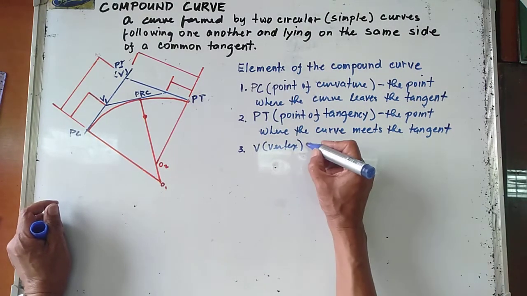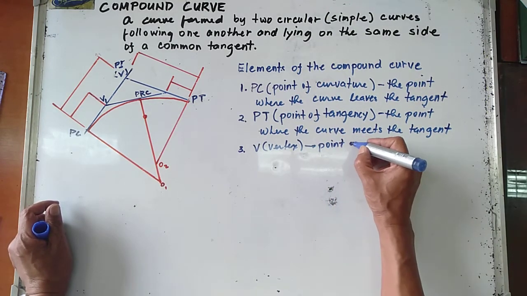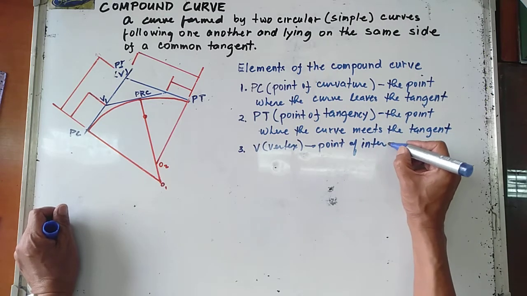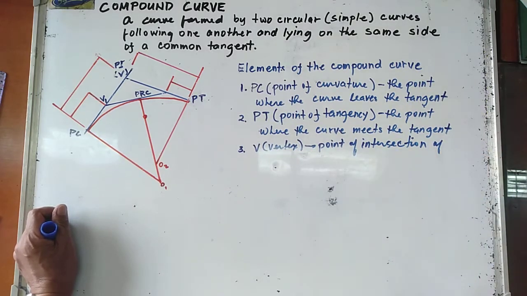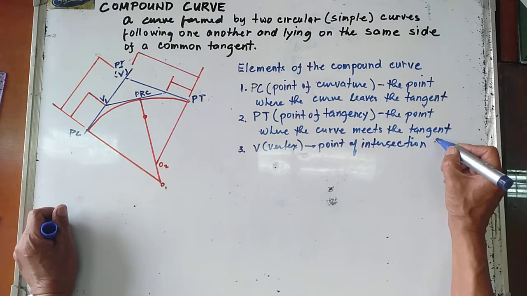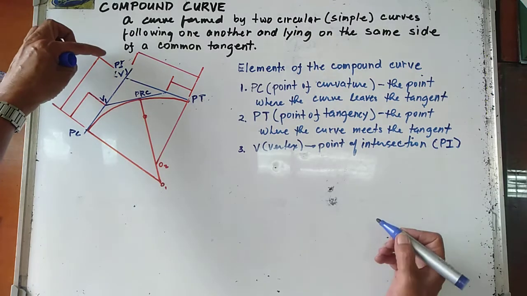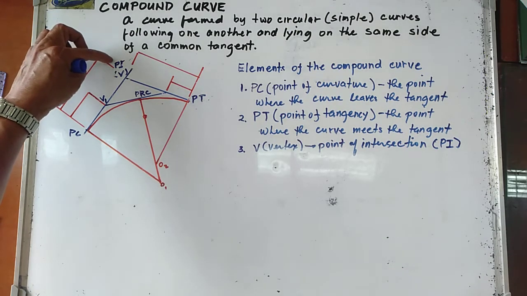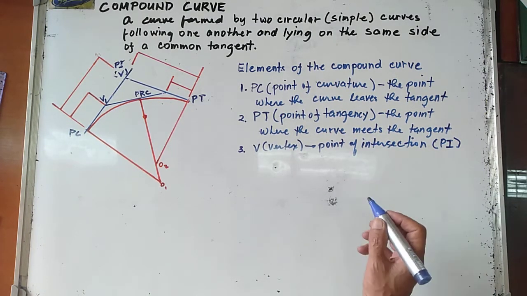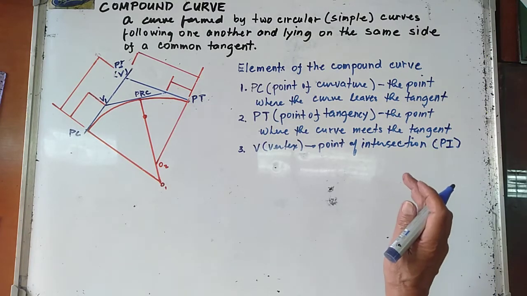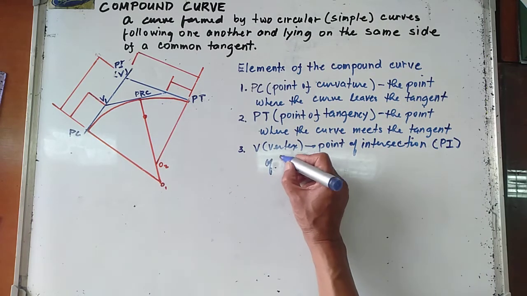That is the vertex of the compound curve, also known as the point of intersection, or PI. It is the point of intersection of the two intersecting tangents.